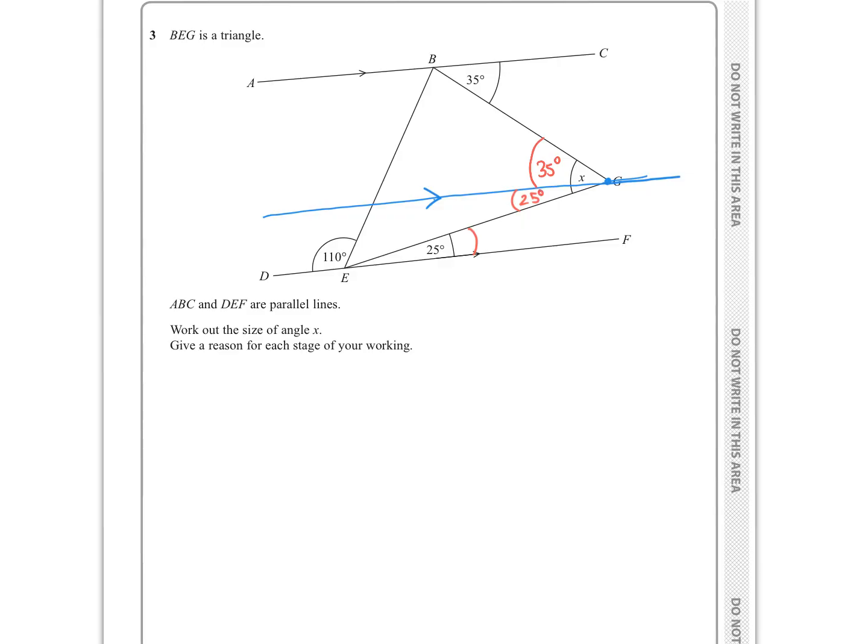So what we can say is x is equal to 60 degrees, and we'll give our reasons, because of alternate angles. So this point here was G, wasn't it? So I'll write that in. So we can say angle GEF equals angle EG, and we'll just call this H, I think, here. Doesn't really matter.